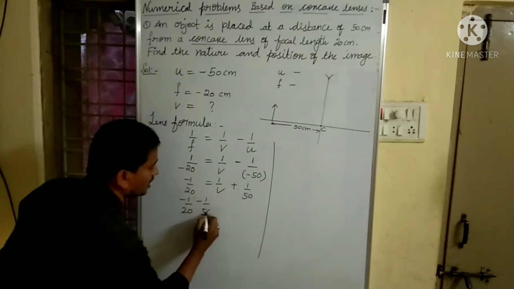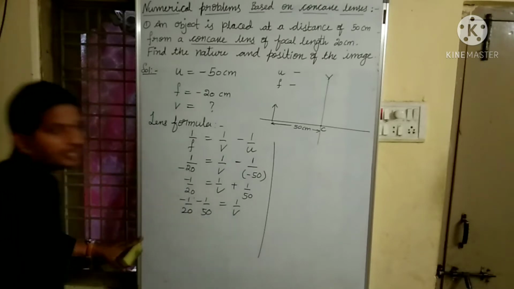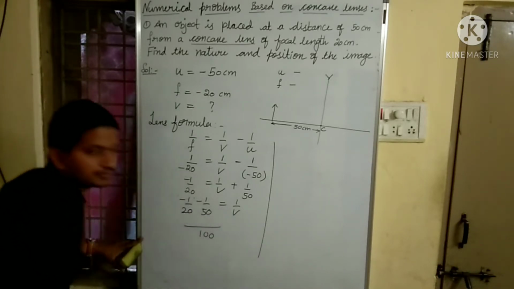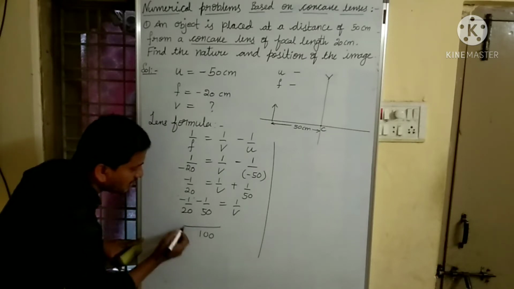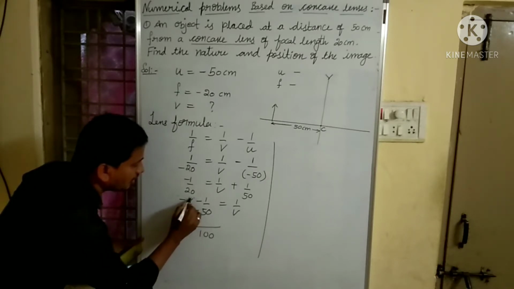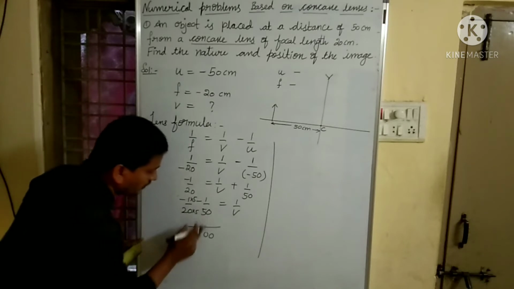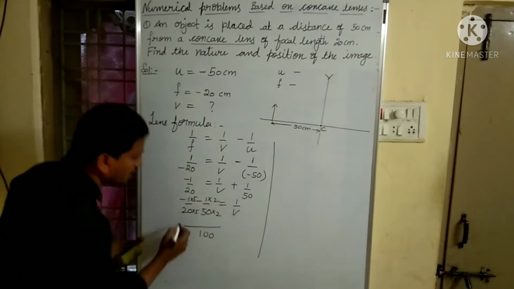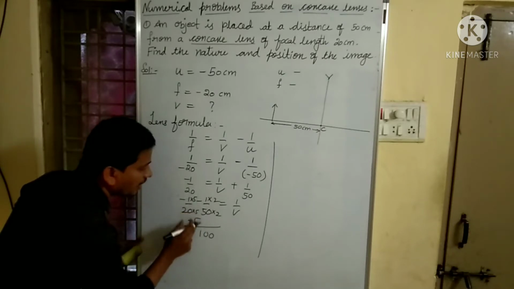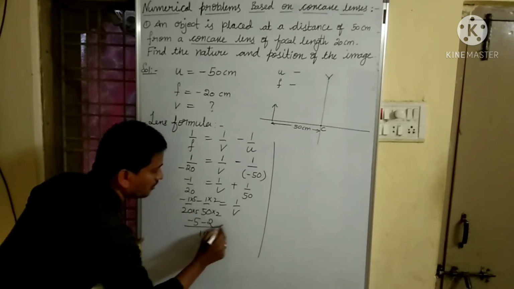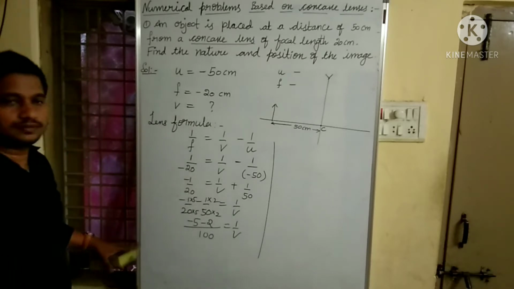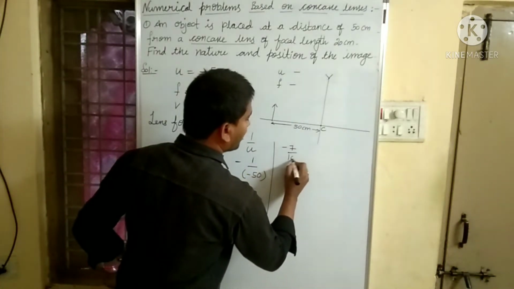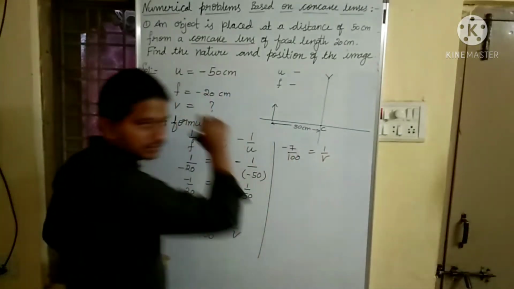Taking plus 1 by 50 to this side, minus 1 by 20 minus 1 by 50 is equal to 1 by v. The LCM of 20 and 50 is 100. So minus 5 minus 2, that is minus 7 by 100, is equal to 1 by v.